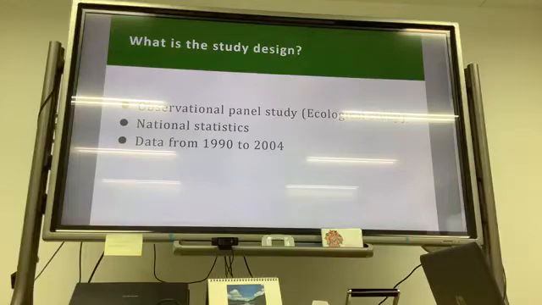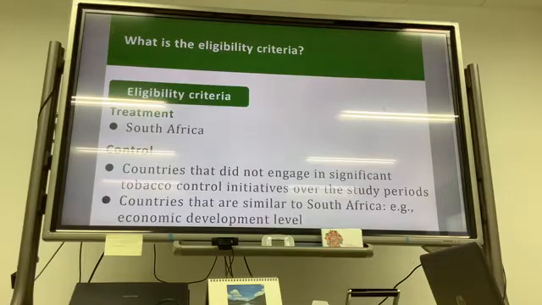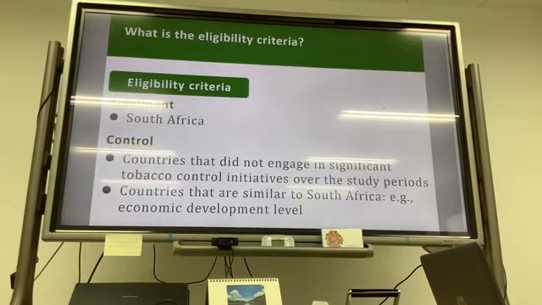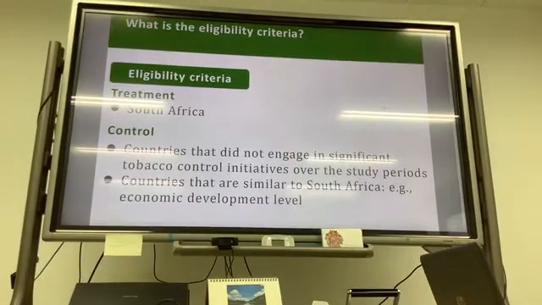And I'm going back to the study design. This study is an observational panel study, which is an ecological design using national statistics across the world. The data came from 1990 to 2004. And the eligible criteria are shown here.